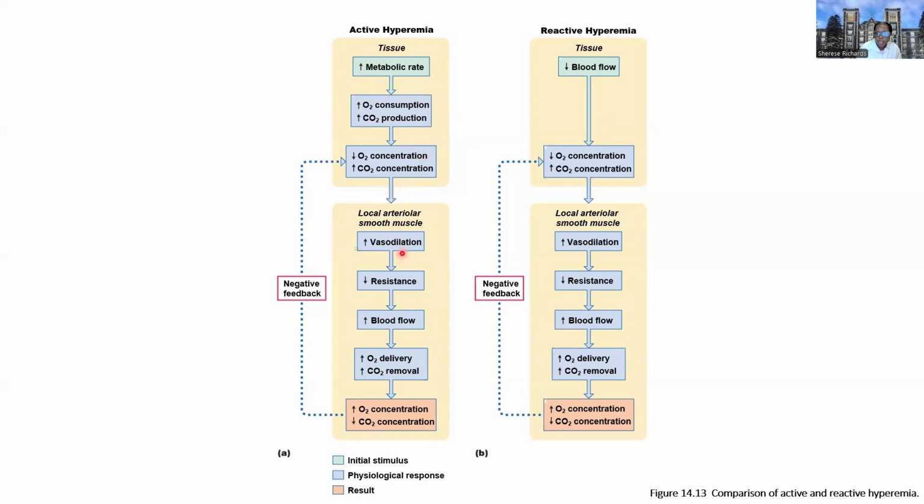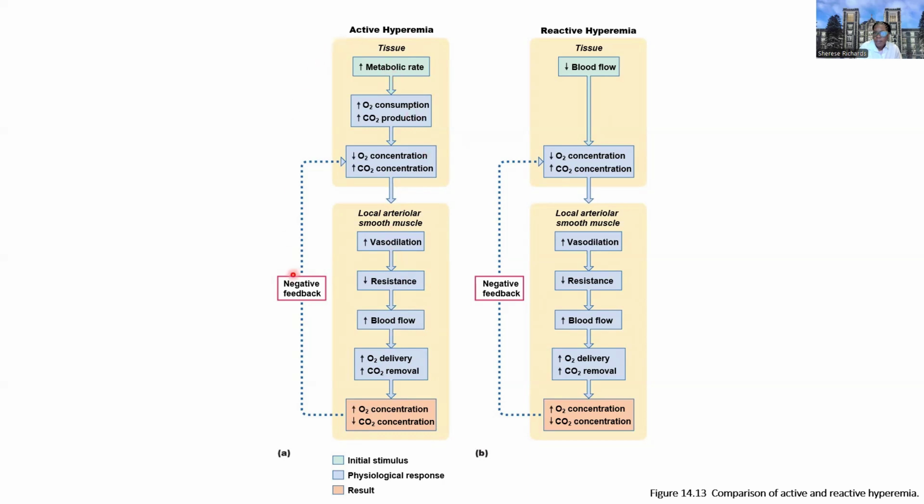So that triggers the vasodilation increase, which decreases resistance as we relax that smooth muscle, and that brings more blood flow to the region, consequently bringing more oxygen with it, and then allowing more of that CO2 to be cleared, which puts our tissue back into a place of steady state, adequate amounts of oxygen, and decreasing the levels of CO2. And that can be a negative feedback mechanism to then go and restore the gas levels, which then goes and restores the state of the smooth muscle once that metabolic rate goes back to normal.